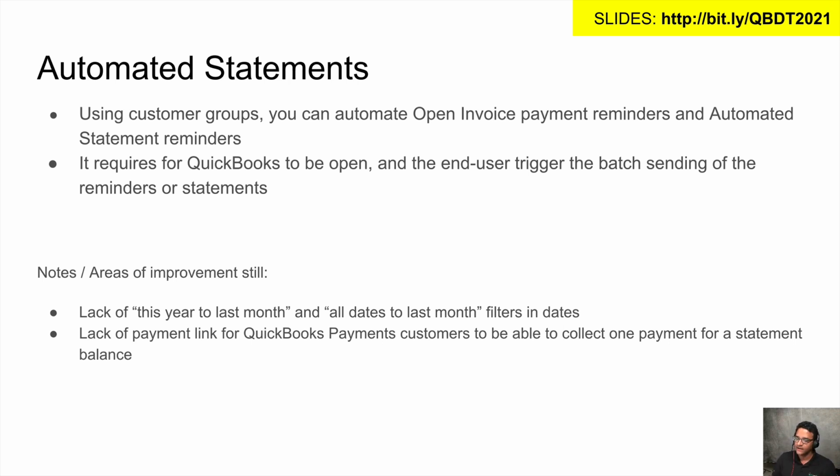They figured out how to do it in Mac 2021 where you can add a QuickBooks electronic payments link or button so people can pay the entire statement. So they didn't do it for Windows, but they're probably going to be able to do it, because if they figure it out on the Mac, they're going to do it on the Windows side. But I'm kind of disappointed that that wasn't released in this feature. I think this feature would have been truly complete in the sense of statement automation if you could add that in there.